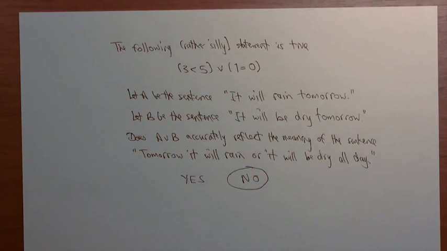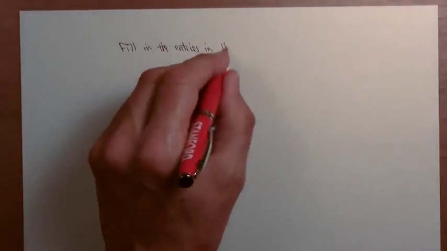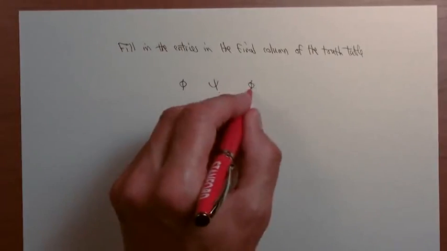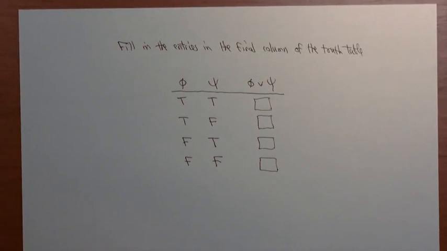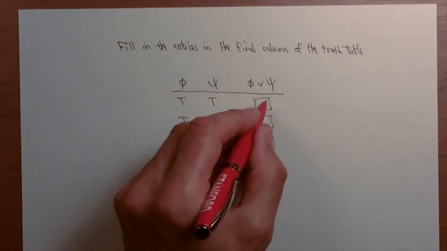To wrap up this discussion of disjunction, let's see if we can complete the truth table for phi or psi. Okay, if you got this one right, your truth table should look like this.